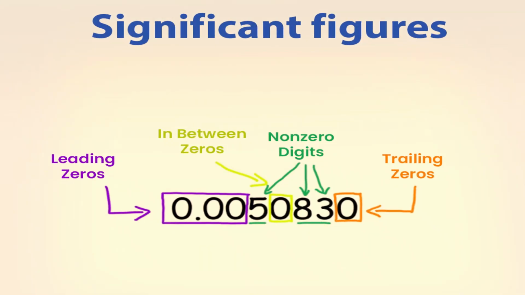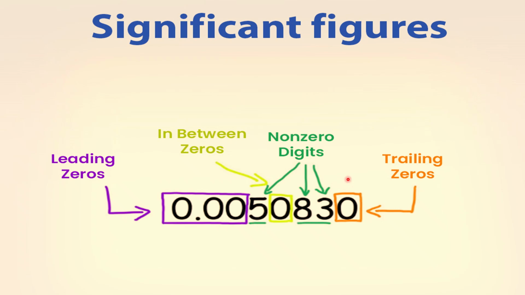So this is a significant figure. If zeros are coming at the start, they will not get counted, irrespective of whether there is a decimal point also. If the zeros are coming in between two non-zero integers, then they will be counted.